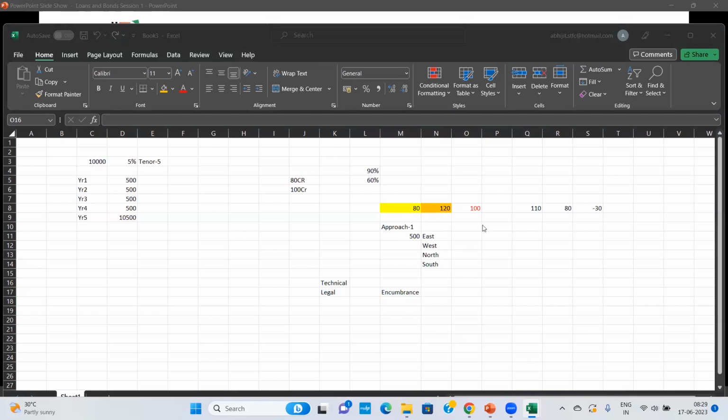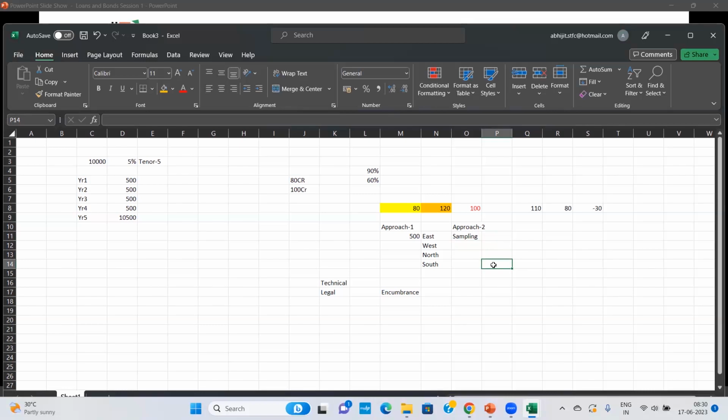Then what is the next option? What could be the approach? Approach 2 is sampling. We pick a sample, a few cases from east, a few cases from west, north and south, like that, and say make a sample size of 50, and then we go for valuation of those properties.